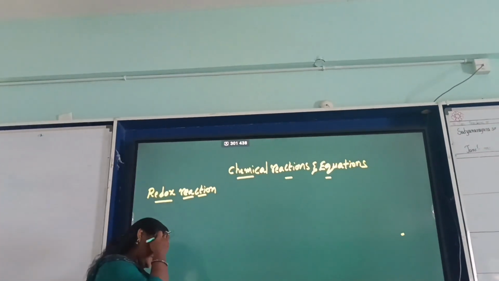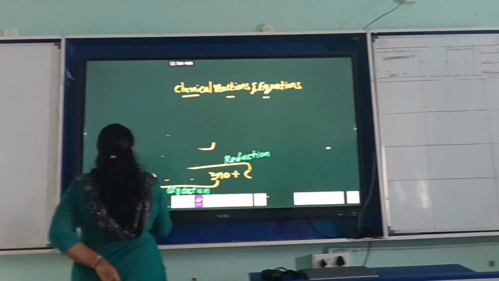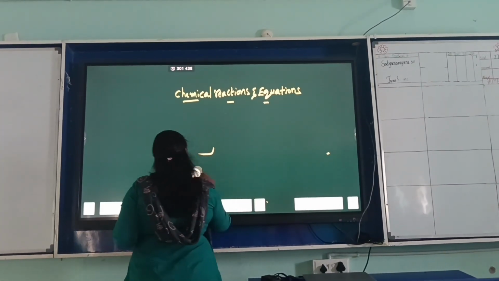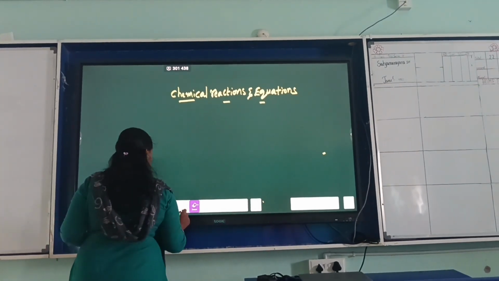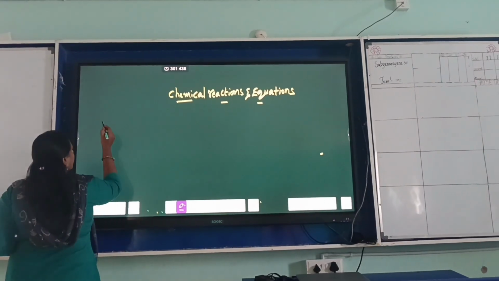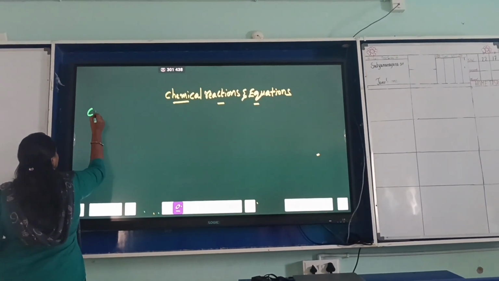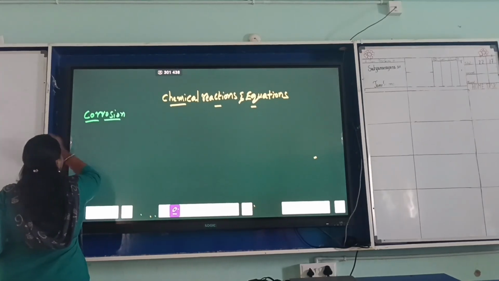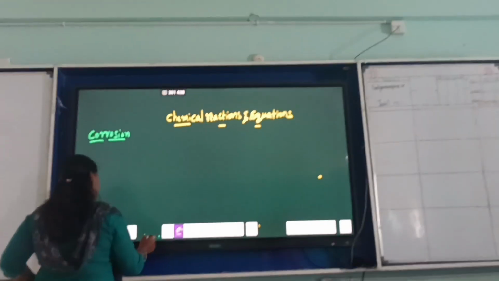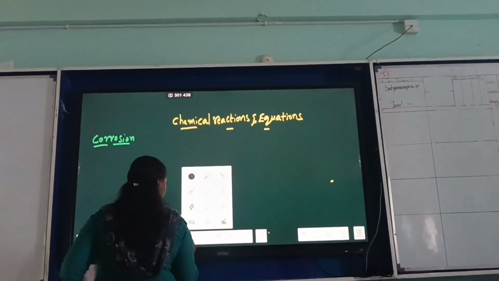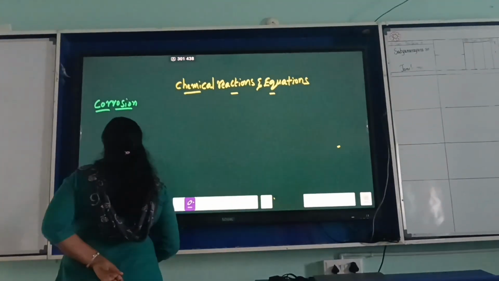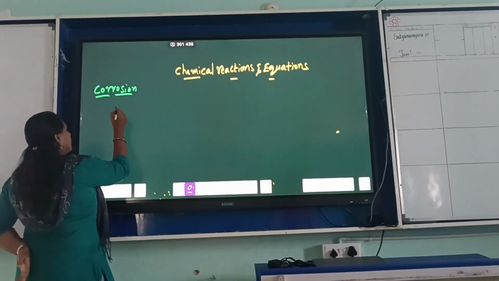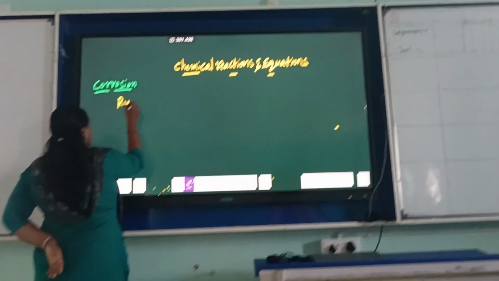Now the example for a redox reaction. If you take copper oxide plus hydrogen H2 in the presence of heat to form copper: 2Cu plus O2 gives 2CuO.